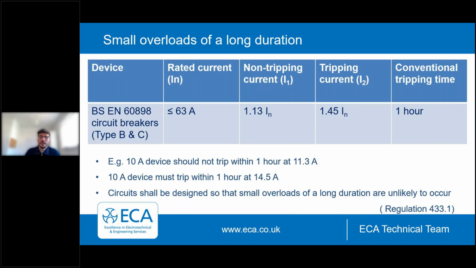And this is not going to have a short-term effect, but it could cause aging and deterioration over a number of years to the insulation surrounding the conductors and potentially to connections due to this increase in temperature.